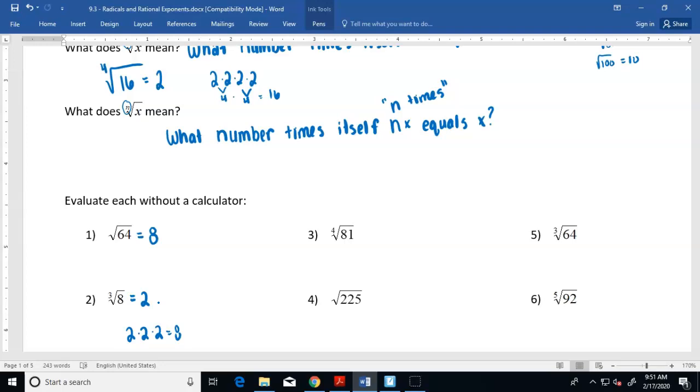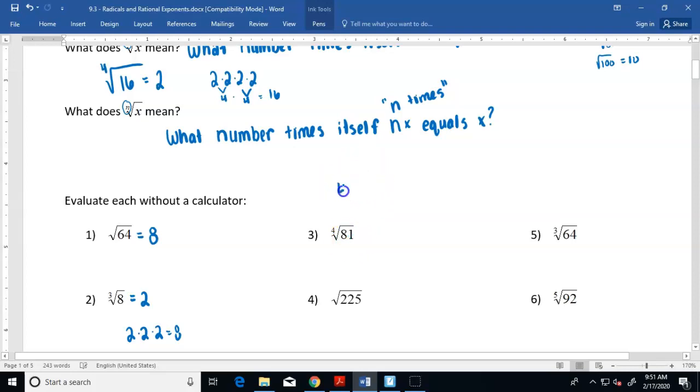Okay? Aiden, what about number 3, the fourth root of 81? All right, we're doing the opposite. We want to know what number times itself 4 times would give us 81. Sometimes when you get to these bigger numbers, you probably don't know them off the top of your head. But what number would you guess might be 81 if you multiplied it 4 times?